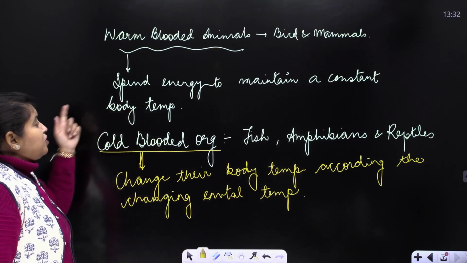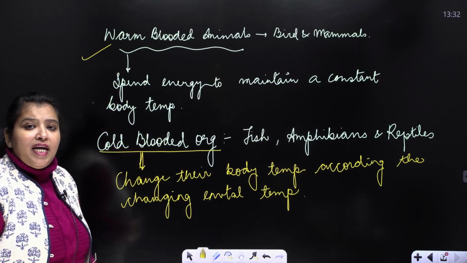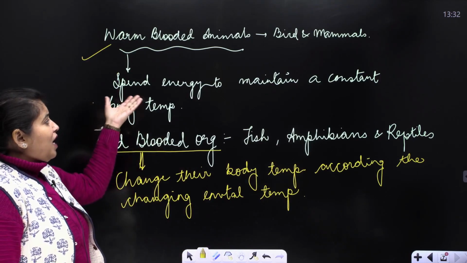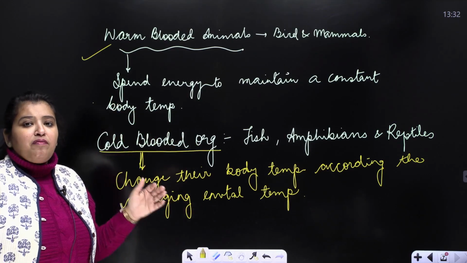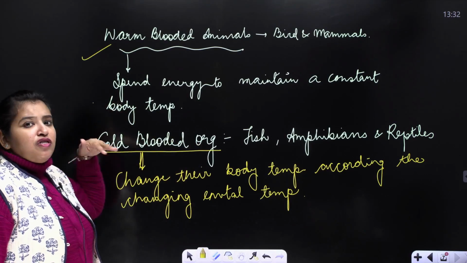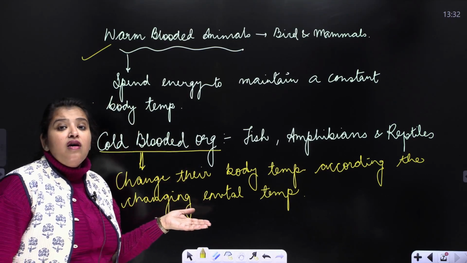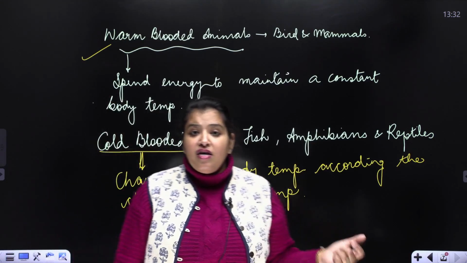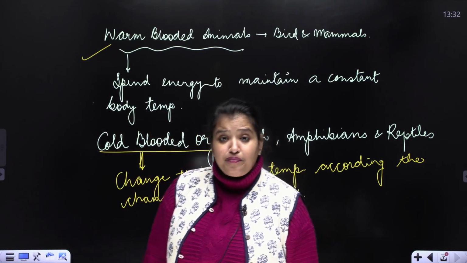Whereas in our case, we belong to warm-blooded animals and we maintain a constant body temperature, and for that purpose we need constant energy. That's the reason we need a continuous supply of oxygen, because respiration is the only process by which energy is released, and part of it is used to maintain a constant body temperature.